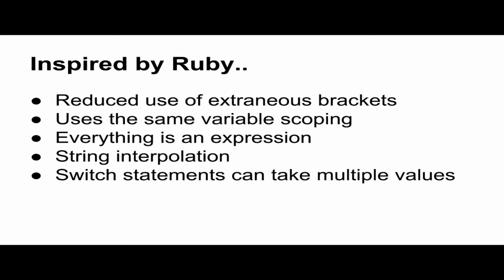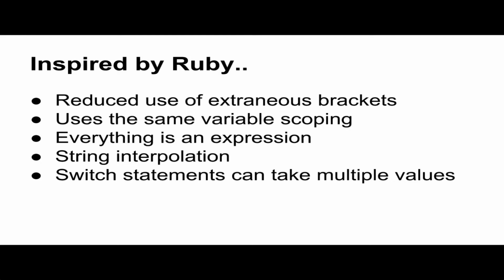So it has reduced the use of extraneous brackets. Like when you use JavaScript, you have to have brackets around basically everything, and it's just kind of burdensome. It uses the same variable scoping. Everything is an expression.